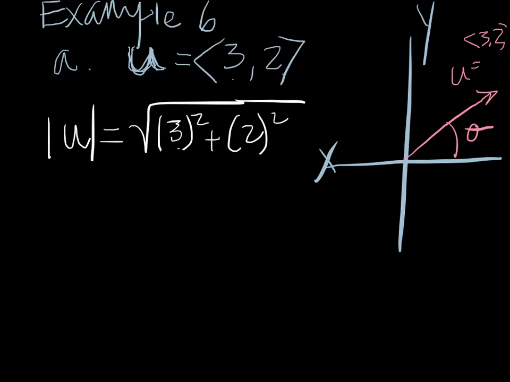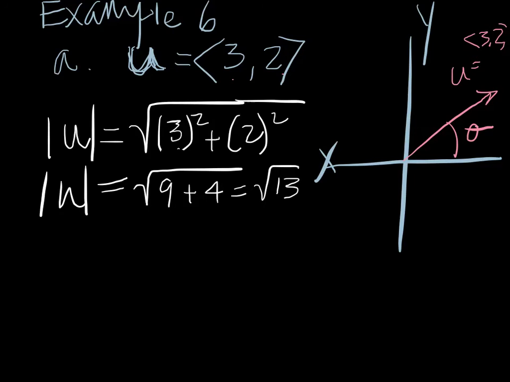They've already put it in component form. So my magnitude is going to be the square root of 9 plus 4, which happens to be 13. They love the square root of 13 for some reason. So the length of this vector happens to be the square root of 13. Okay, now what it wants us to do is to find theta.